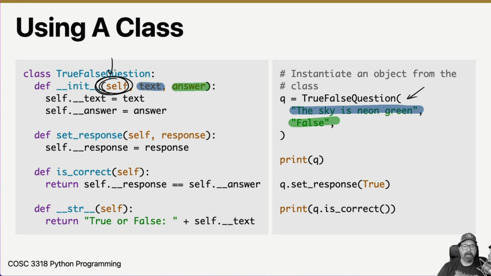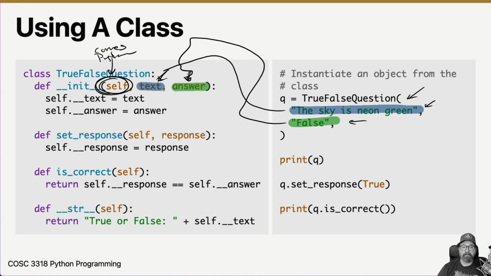Self comes from Python. So we provided this argument and this argument, and then they get bound to these two parameters. So the sky is neon green becomes text, and false becomes answer, like that. And then we store it inside here.